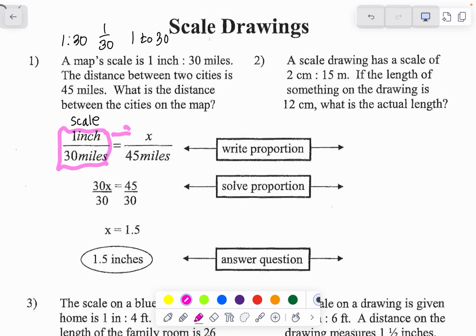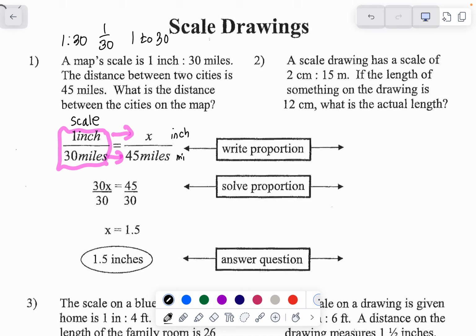As long as you make it so that these units match and they're across from each other exactly, if I use the scale on top and the real actual miles on the bottom, then I have to do it on both sides. And as long as you set it up like that, then you can cross multiply.